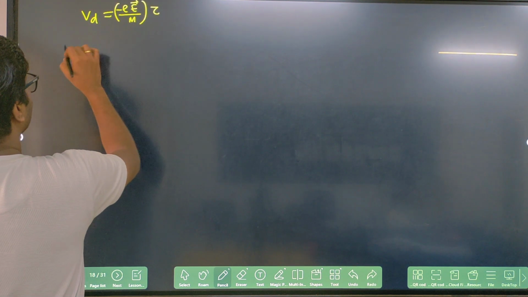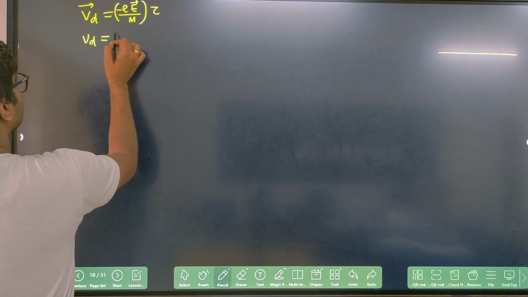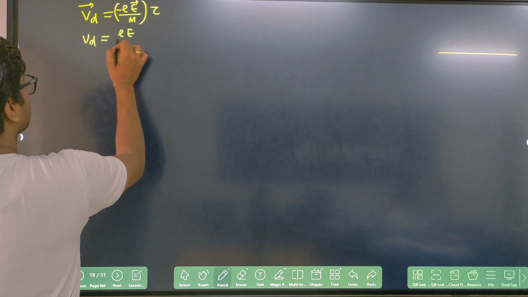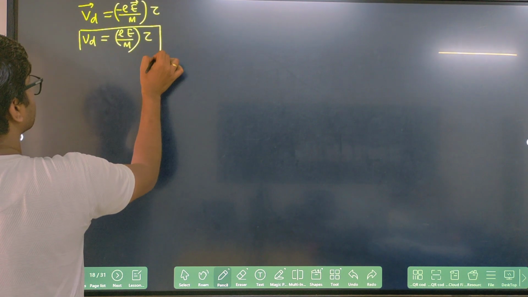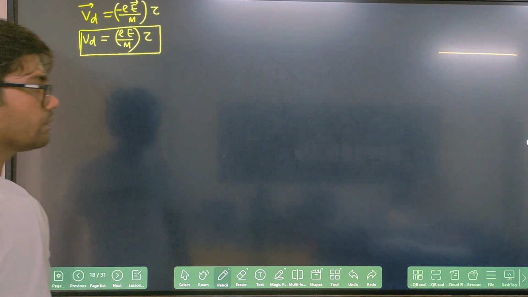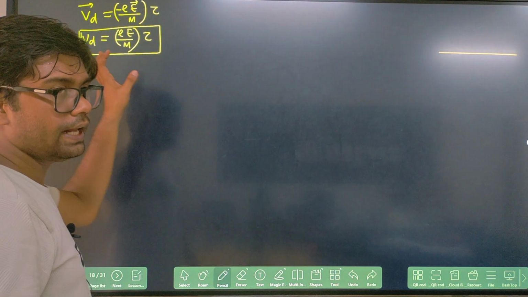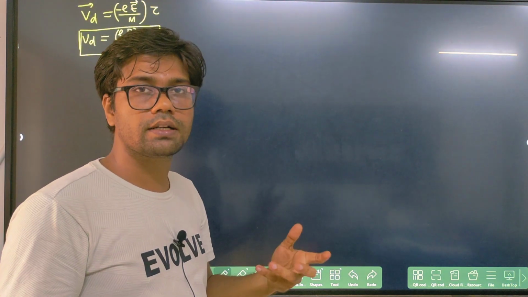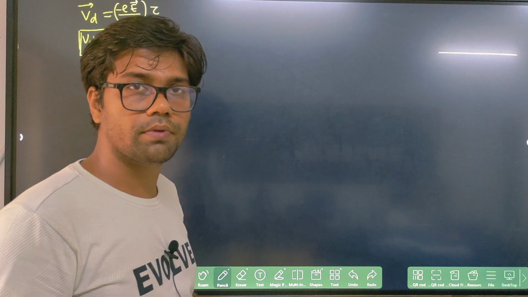If I write it in modulus or scalar form, only the magnitude, this will be eE by m into tau. This will be your drift velocity, right? That means the electrons are moving in a conductor with the velocity that is called drift velocity.